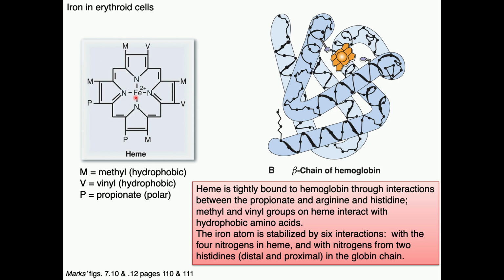And it's that interaction with those histidines above and below the plane of the heme iron that provides an interesting cooperative relationship between the binding of oxygen on one subunit of the hemoglobin and the affinity of the other 3 subunits of hemoglobin for oxygen.